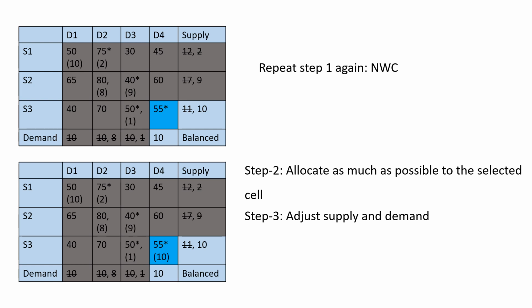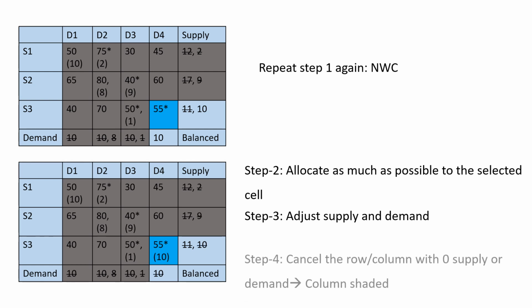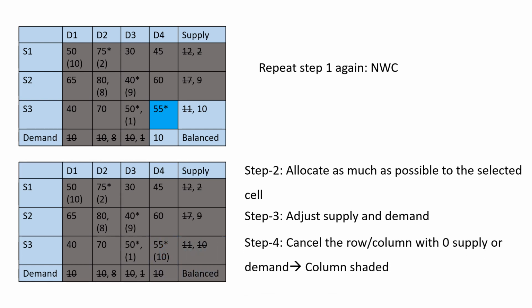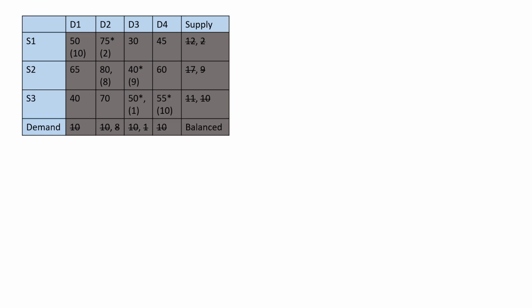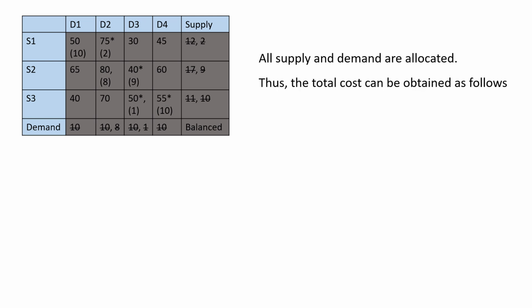So we already assigned all the supply to the demands. Okay, from this table we can understand that all supply and demand are allocated. All the supplies are allocated to the demand.